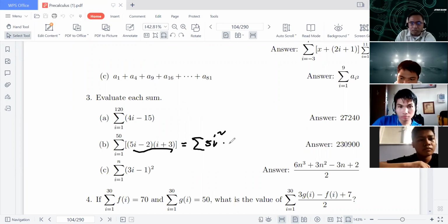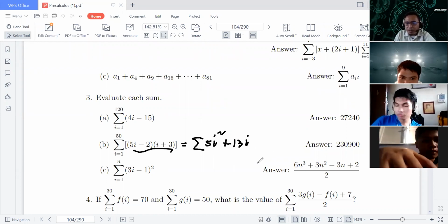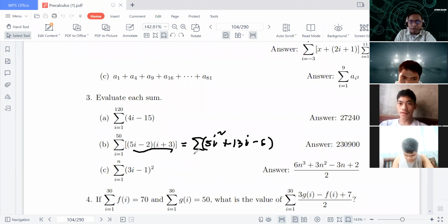So it should be positive 13i. Right? And the last one should be negative 6. Agree? Yes, sir. Where i ranges from 1 until 50.